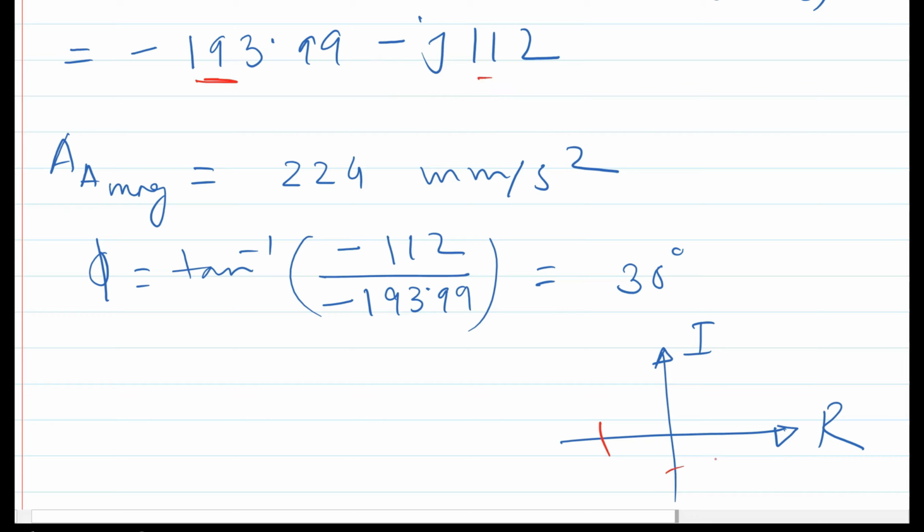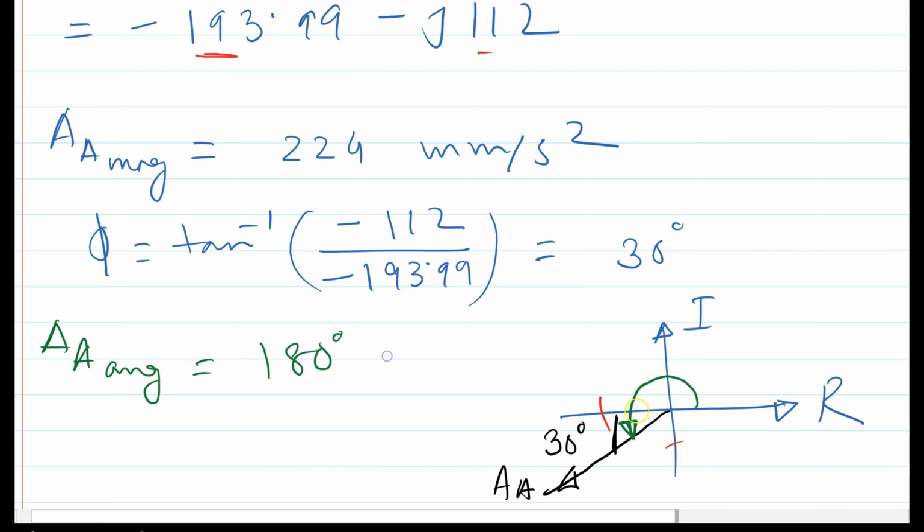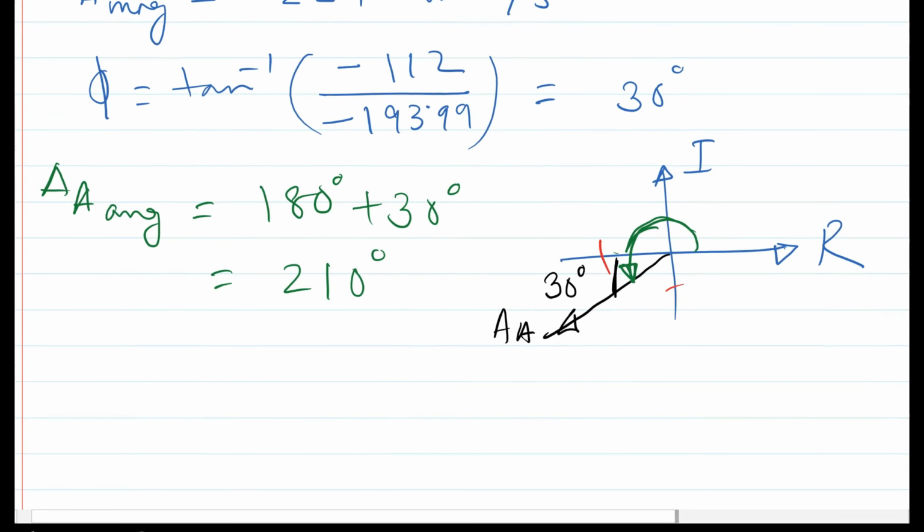So the angle we are expecting is in the third quadrant, and the angle we calculated is this 30 degrees. According to the definition, the angle we need to measure is the whole angle, 180 degrees plus this calculated angle, which gives us 210 degrees. So that is our answer for linear acceleration of pin joint A.